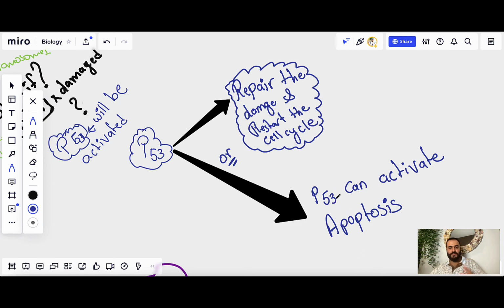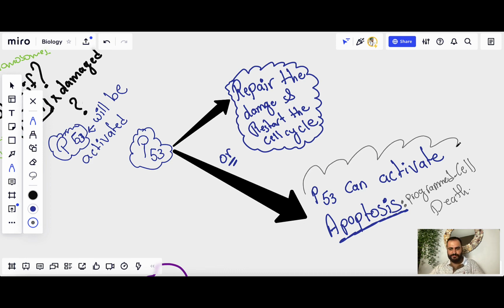What is apoptosis? Apoptosis is programmed cell death, like the cell is committing suicide.